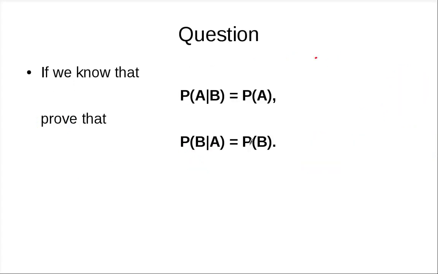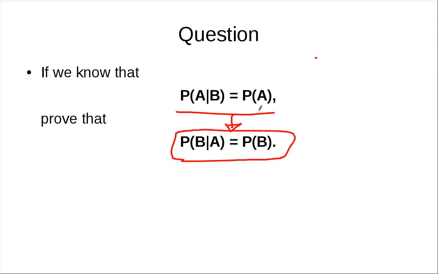Okay. The last question is this: can you prove this fact with the things that we learned so far? If you know that P(A given B) equals P(A), prove that this implies this fact.